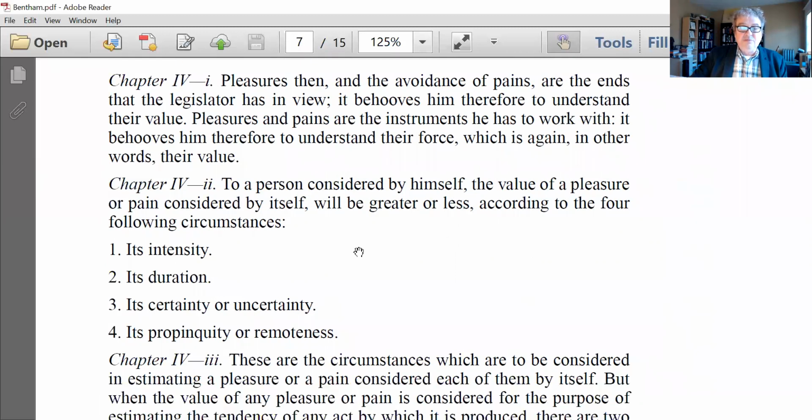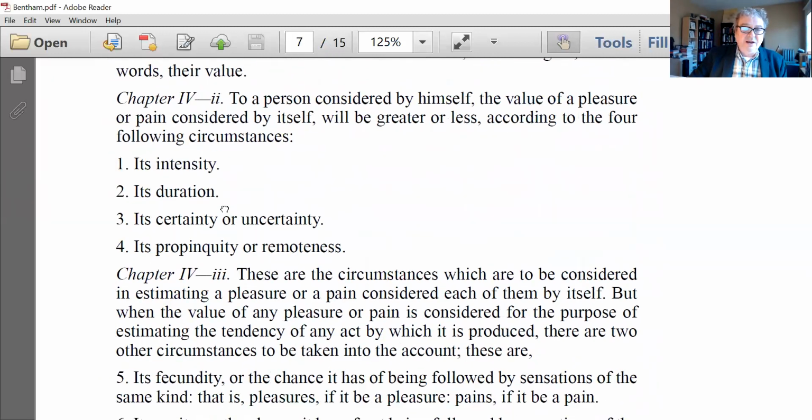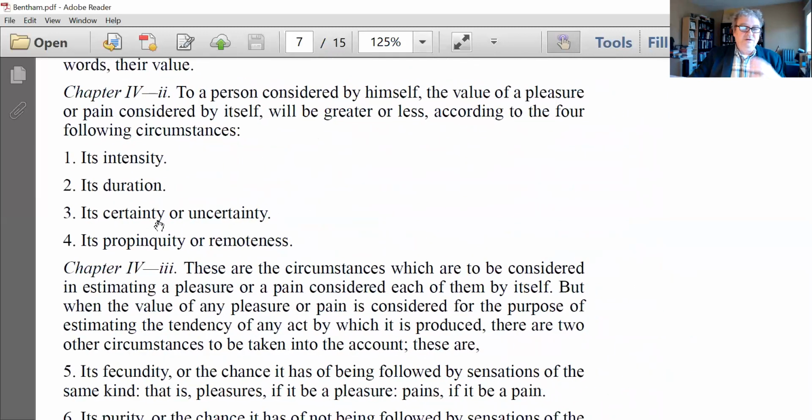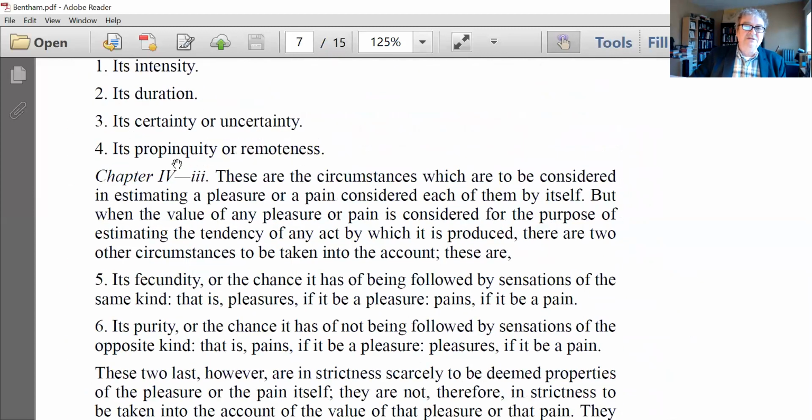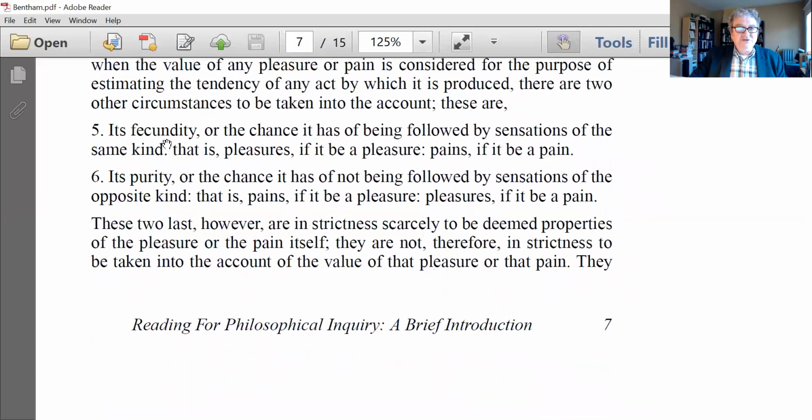So we can value a pleasure according to its intensity, how much it is, its duration, how long it lasts, whether it's certain or uncertain, and its propinquity, a word that means nearness or remoteness.